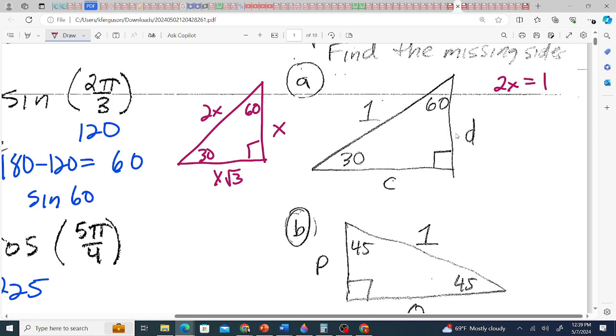So I solve that, and that gives me x. Divide by 2 on both sides, x equals 1 half. So this value right here is 1 half. And if that value right there is 1 half, this value is 1 half times the square root of 3. But you'll more often see it written as the square root of 3 over 2.